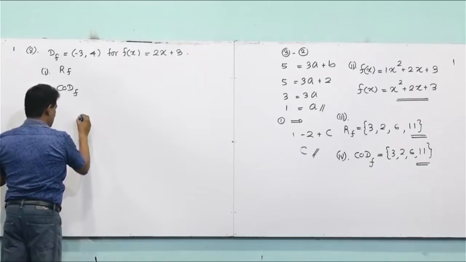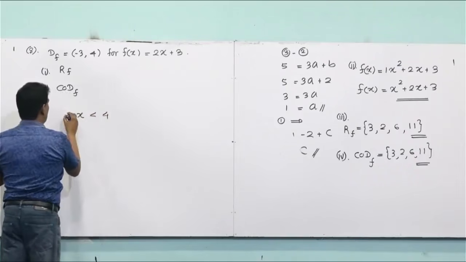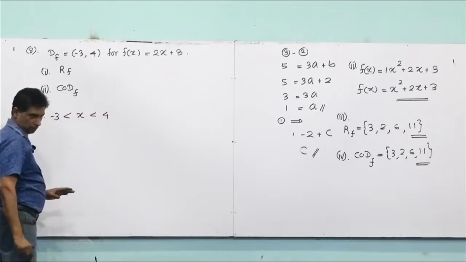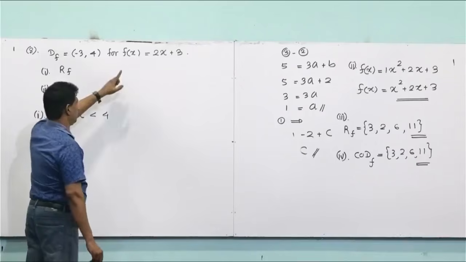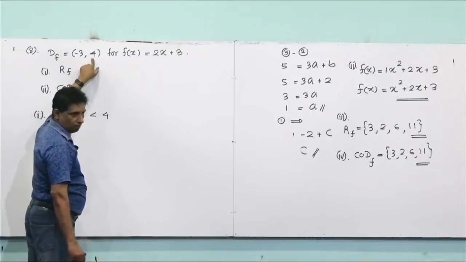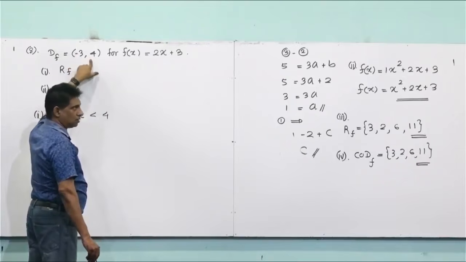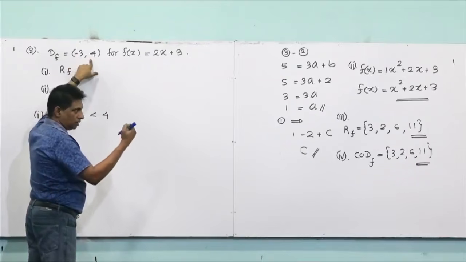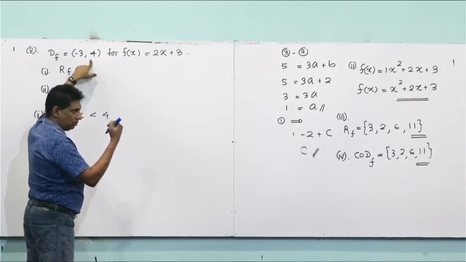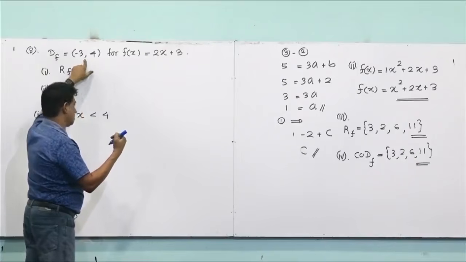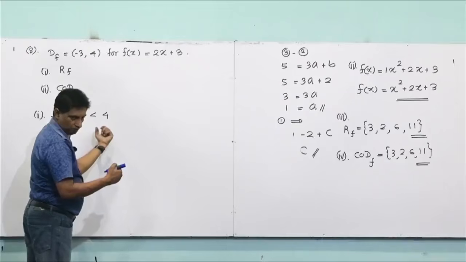We can write x is greater than minus 3 and less than 4. Is it correct? Why? Simple, x is an element of this set, and we know an element of this set is any value in between minus 3 and positive 4. Is it okay?